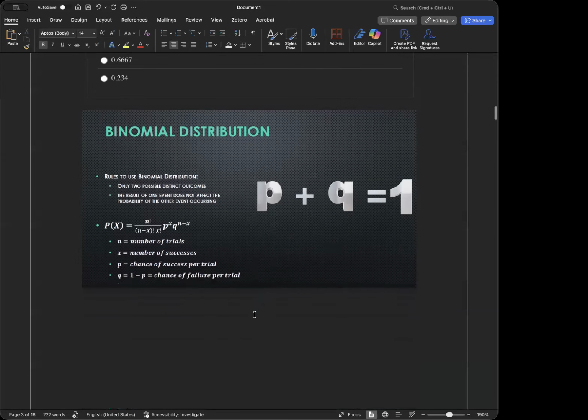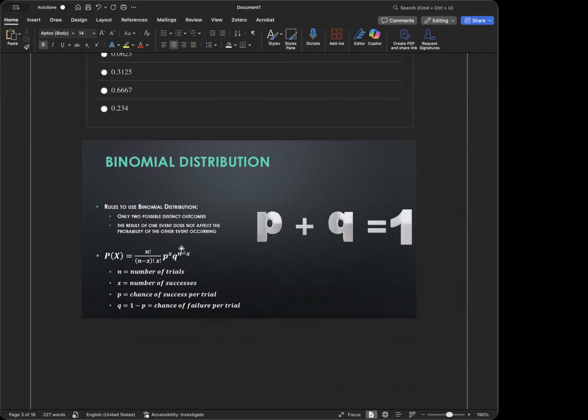So, for binomial distribution, this is your binomial distribution formula. P of x, or your probability of successes, is equal to n factorial over n minus x factorial times x factorial, all multiplied by p to the x and q to the n minus x. So really what this is saying is your probability of getting whatever it is you're asking for, these successes, is equal to the number of trials that you run, factorial, divided by the number of trials minus the number of successes.